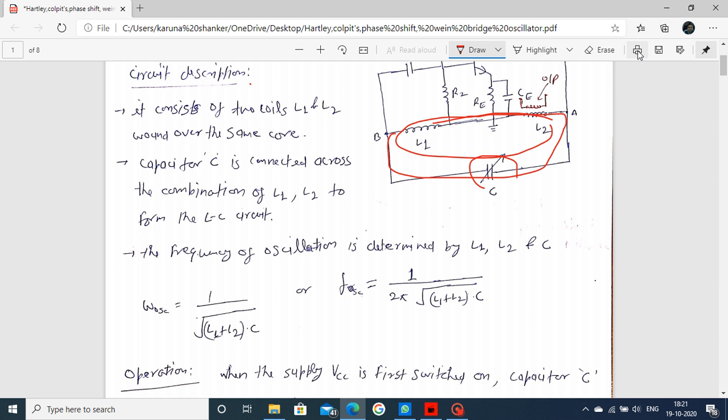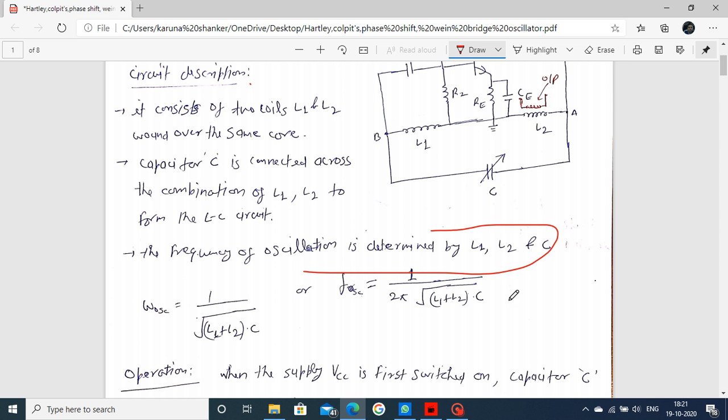By this oscillatory circuit, L1, L2 and C, we produce a particular frequency of oscillation, which is determined by L1, L2 and C.